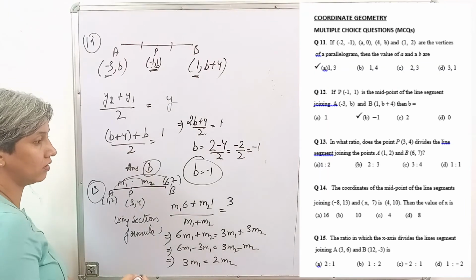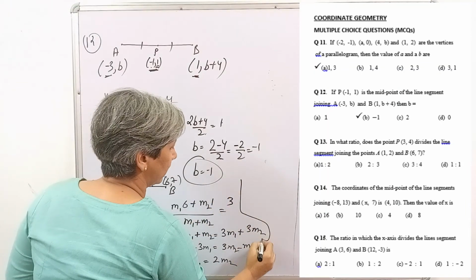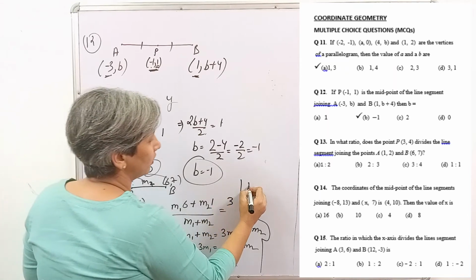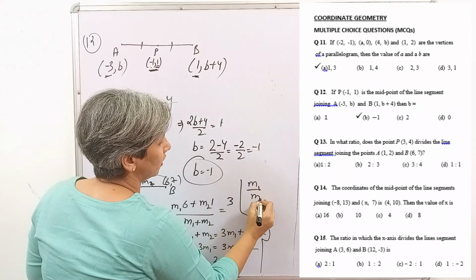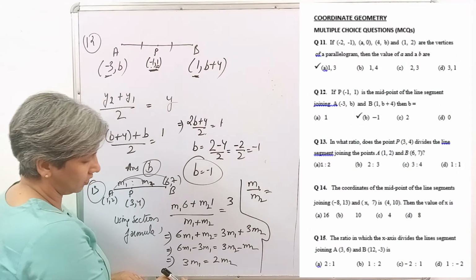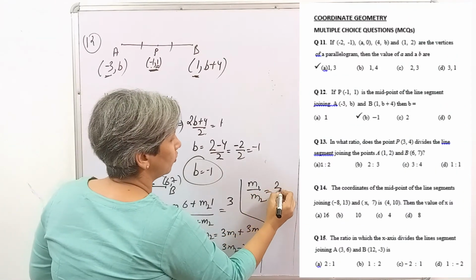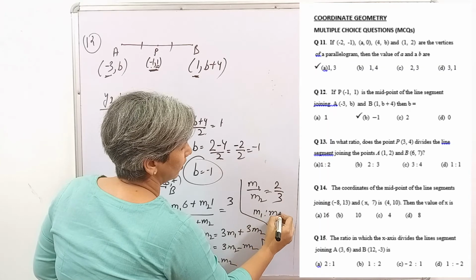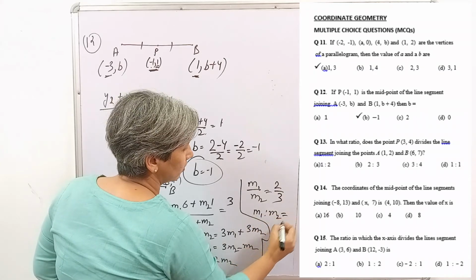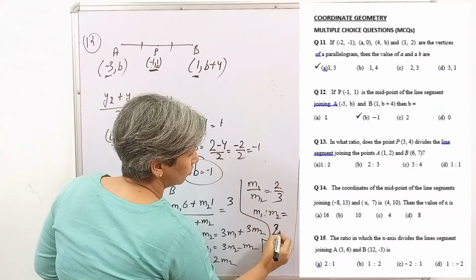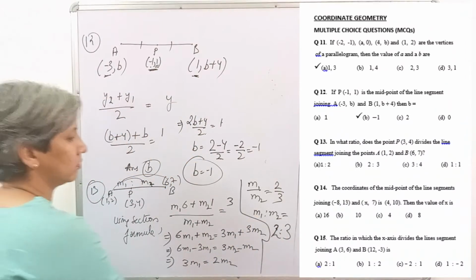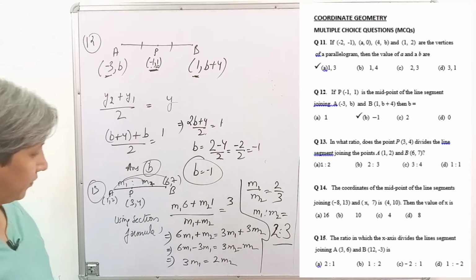And as we need the ratio, we need m1 upon m2. So m2 will come down, 3 will go there, it will be 2 upon 3. So the ratio m1 is to m2 is 2:3, right? So this is the answer, 2:3.